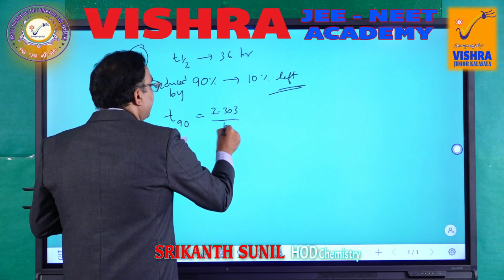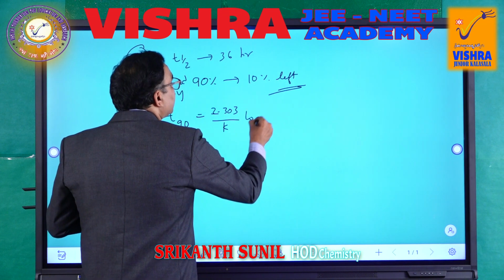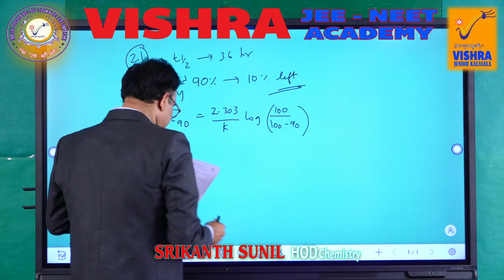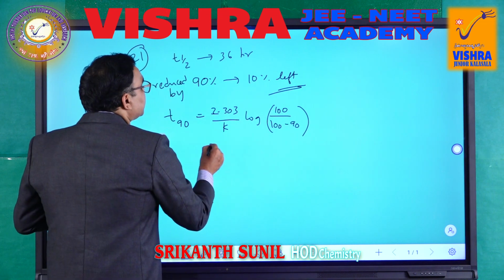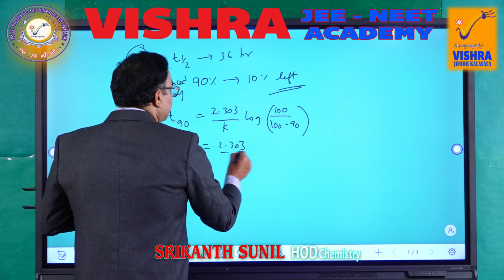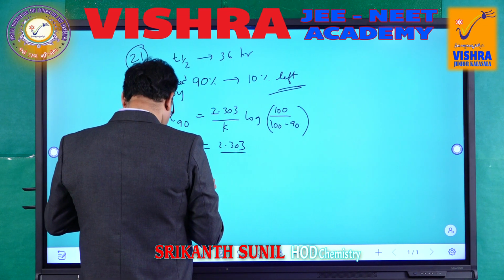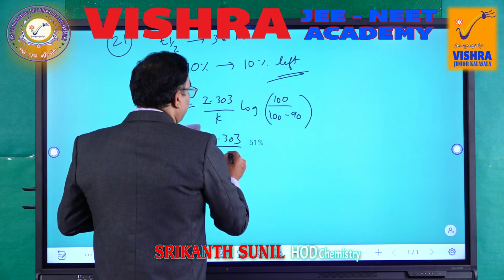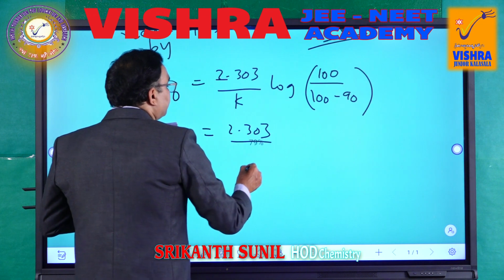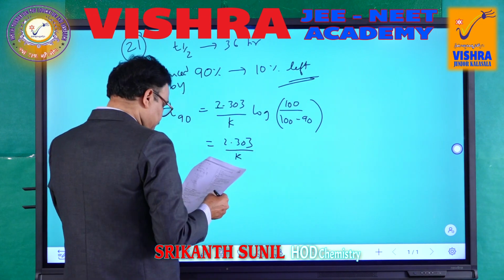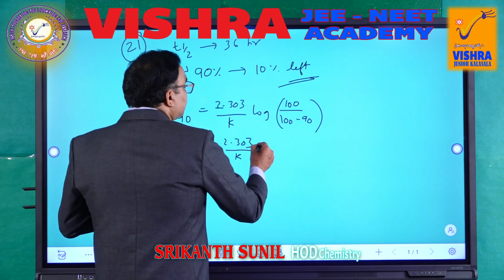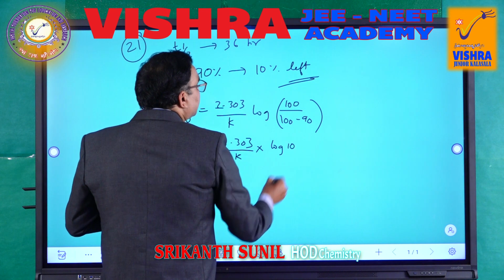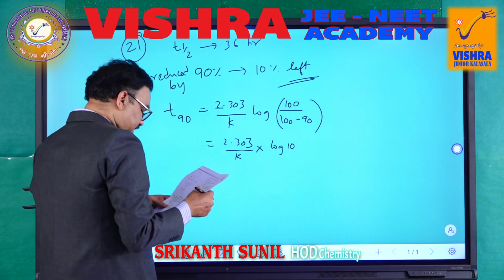T90 is 2.303 by K log of 100 by (100 minus 90), because 90 is over. So this gives 2.303 by K into log 100 by 10, which is log 10, and this one is T90.